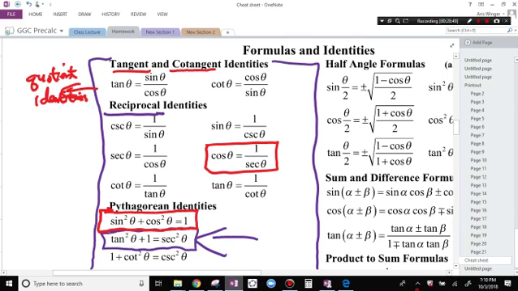Cosine and secant are opposites, and whenever they start multiplying, they cancel each other out. So secant's 1 over cosine, or cosine's 1 over secant. But whenever they're next to each other, canceling should start happening, right? That doesn't change if things are being squared. So cosine squared and secant squared still cancel each other out.